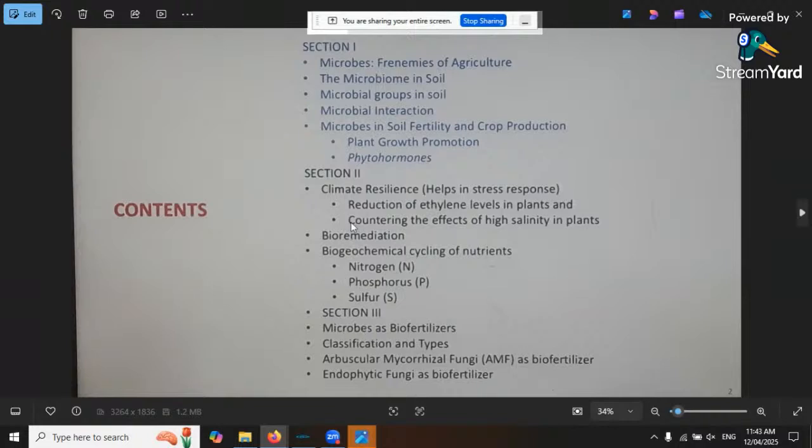Microbes mean biofertilizer, biochemical cycling, nutrient cycling, bioremediation. Arbuscular mycorrhizal fungi was one thing I wanted to sort out. I already used Glomus, but that's a genus actually, because Glomus irregularis is one of the species.